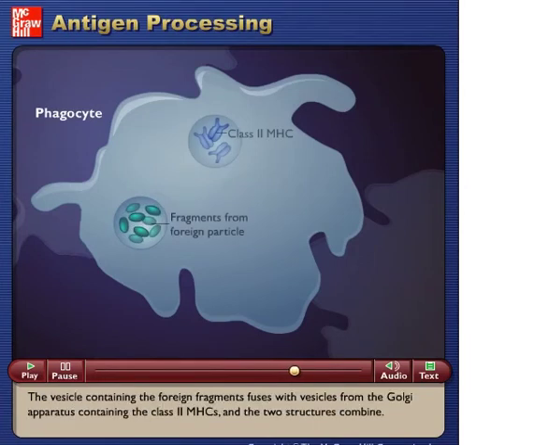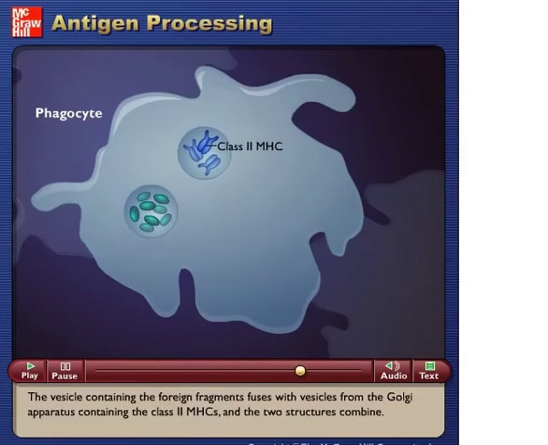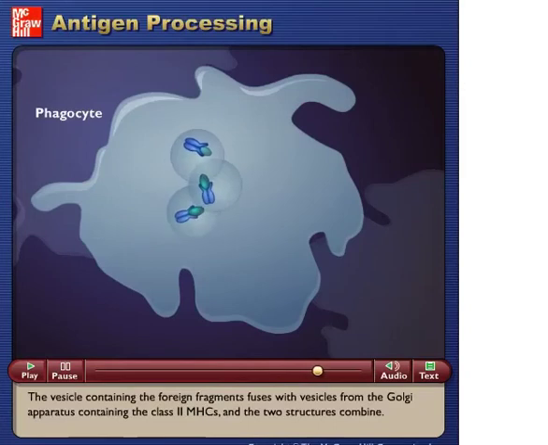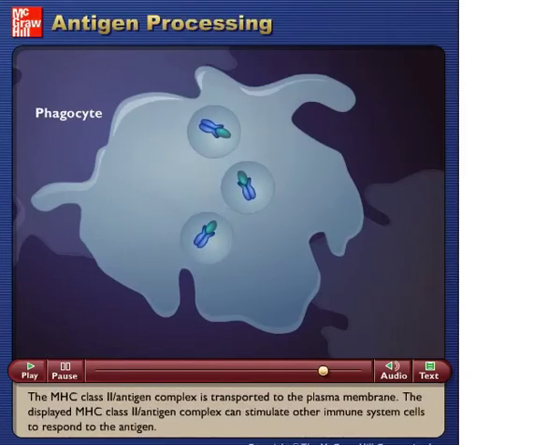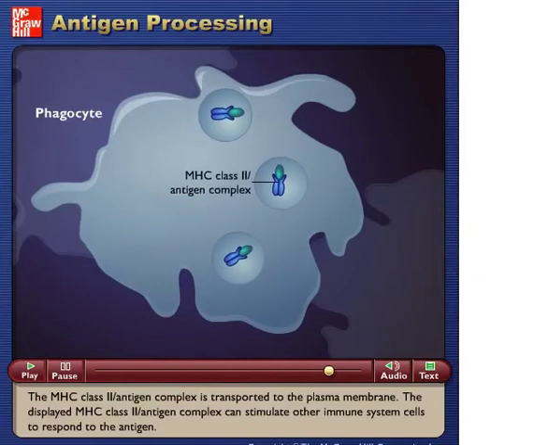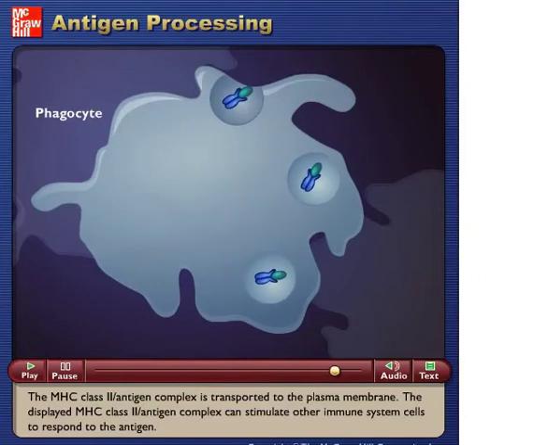The vesicle containing the foreign fragments fuses with vesicles from the Golgi apparatus containing the Class II MHCs, and the two structures combine. The MHC Class II antigen complex is transported to the plasma membrane. The displayed MHC Class II antigen complex can stimulate other immune system cells to respond to the antigen.